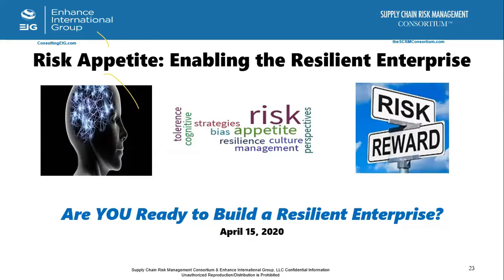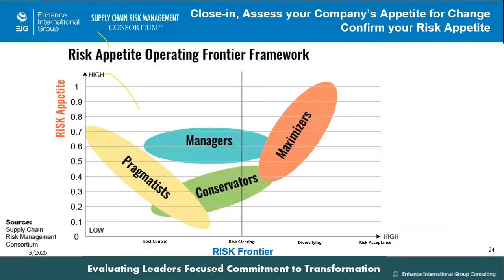All right, next, let's talk a little bit about, are you ready to build a resilient enterprise? So with that, we'll move on. We'll start first with our 4 risk perspectives again. You can see them now on the screen. They're displayed on what we call a 2x2 graph, and I'll go through the graph again.